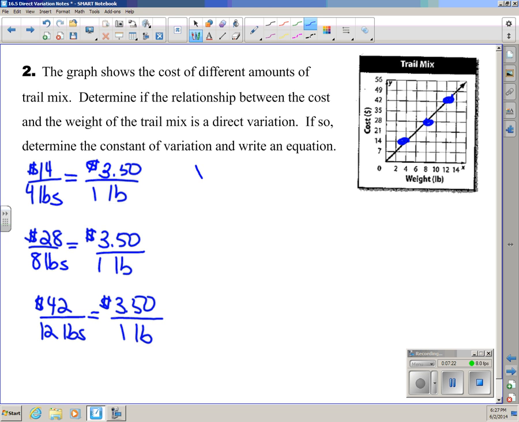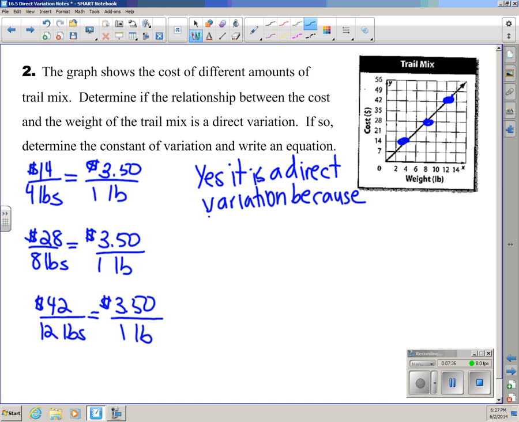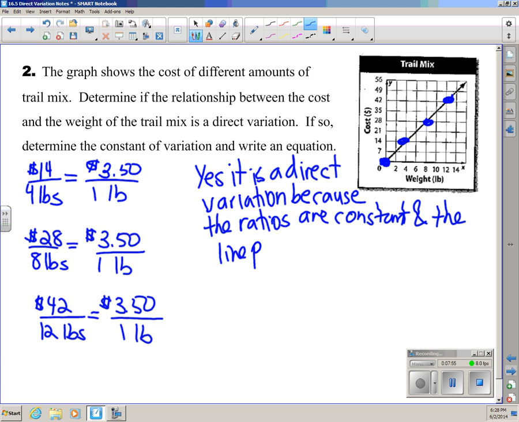Yes, it is a direct variation, because the ratios are constant. And if you notice about the line, where did the line pass through? The line passes through the origin.